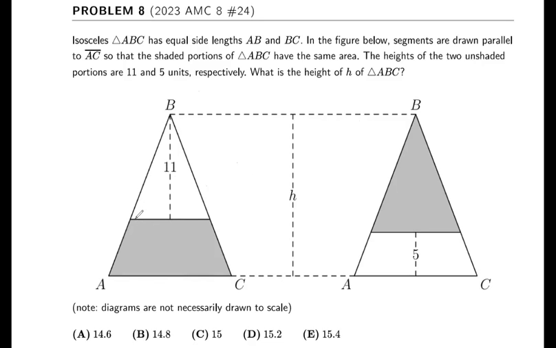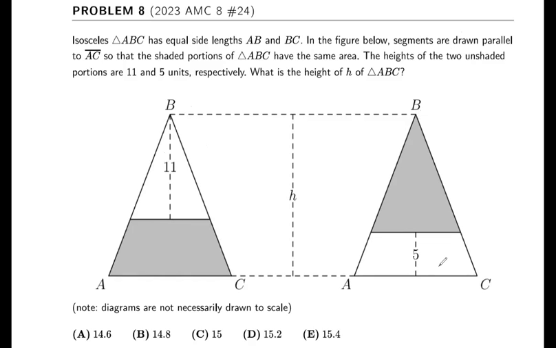The segments are drawn parallel to AC, which means this one and that one are parallel. So this white triangle, this gray region, and ABC are similar. That is the key.